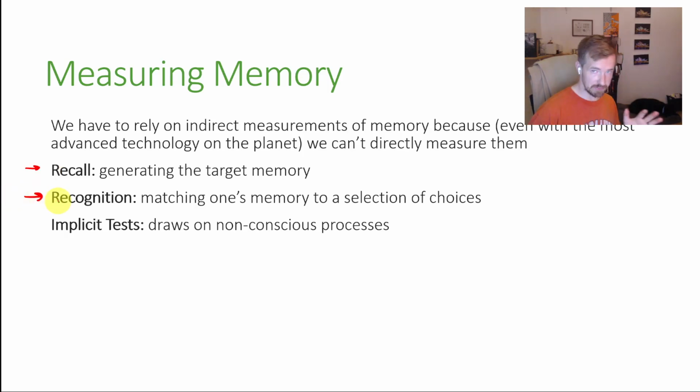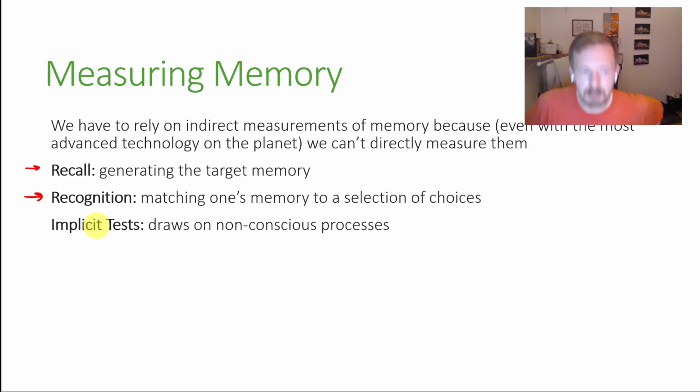Recognition, which is different than recall, but this is one of those things that people in the culture, when they're talking about this, kind of lump recall and recognition together. We don't normally think about those two things as being separate processes. They're actually handled by different parts of the brain. We didn't know this 60 years ago, but we do know it now. Recognition is essentially being able to match your memory to a choice that is presented in front of you.